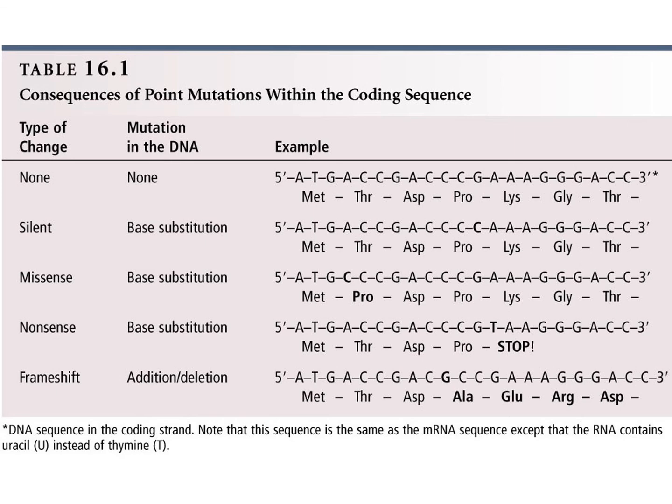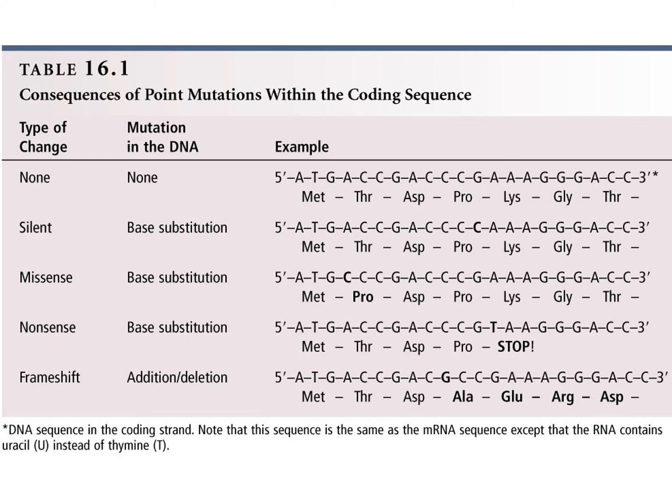The missense mutation is a type that involves a base substitution. Missense normally will affect the amino acid sequence and further down the physiology. For example, for methionine you have ATG, and then you have a change in the first base of the codon for threonine.